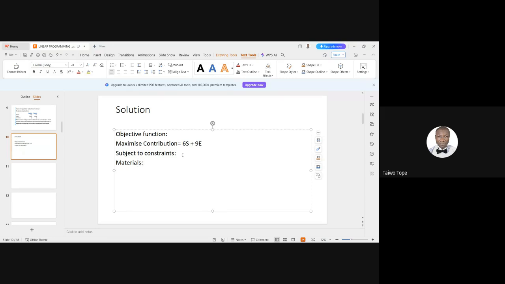So, materials. To produce 1 unit, you need 2 kg, so it will be 2x plus 4e, and this will be less than or equal to 80 kg.